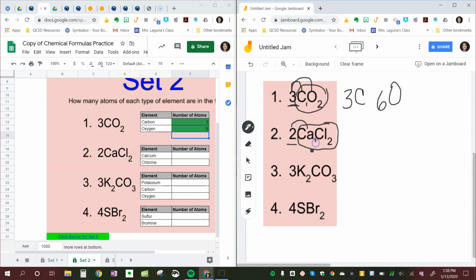Remember, there's only 1 calcium in calcium chloride. So 2 times 1 would give us 2 calcium. And then 2 times the chlorine. How many chlorine did we have? So it's 2 times 2, or 4 chlorine. So now I'm going to come over here and type in 2 for the calcium and 4 for the chlorine.